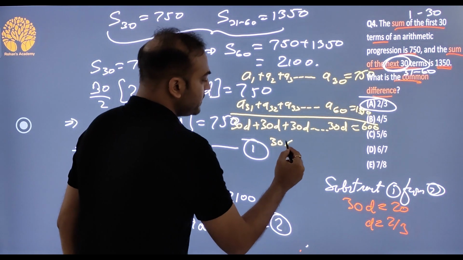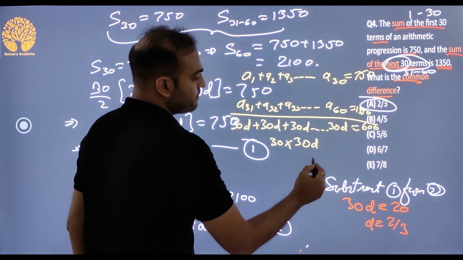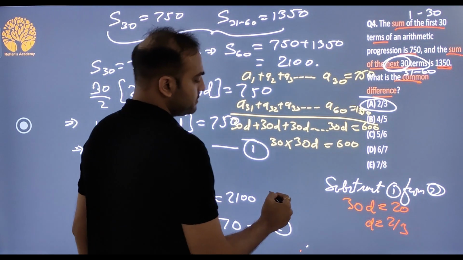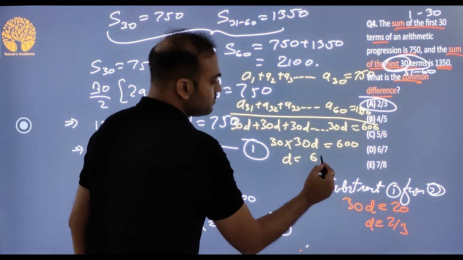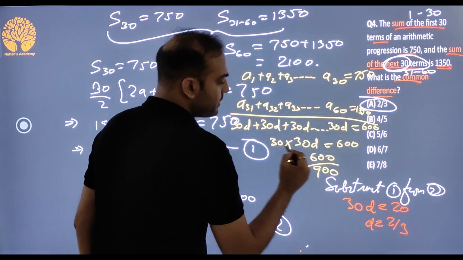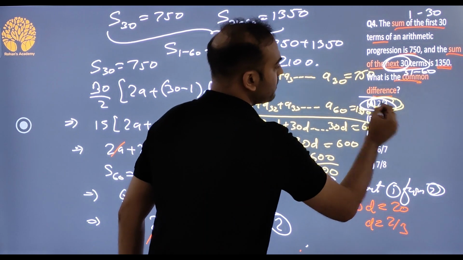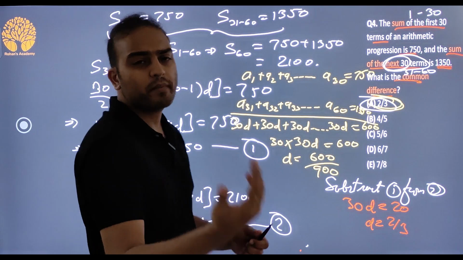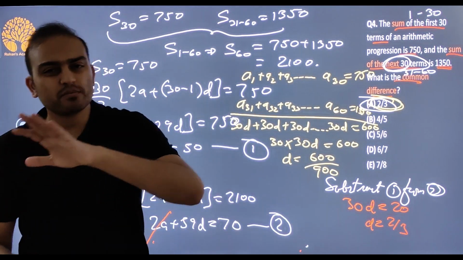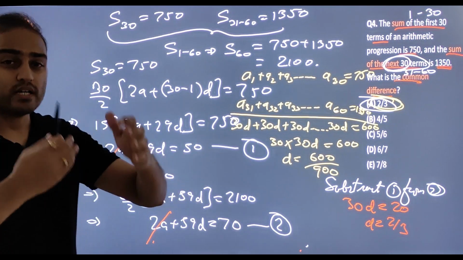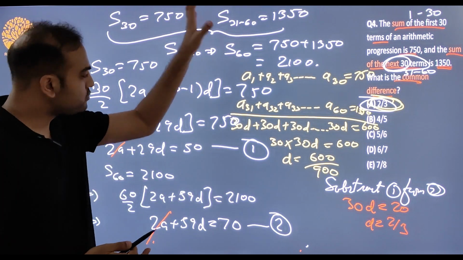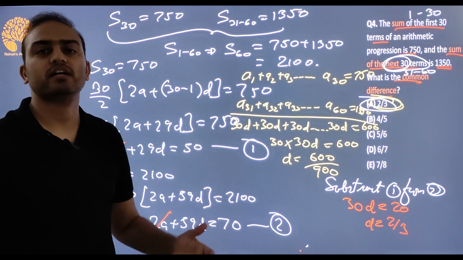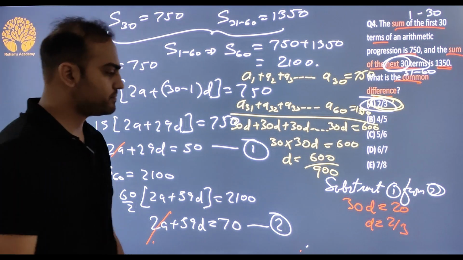So 30 times 30D is equal to 600. D is equal to 600 by 900, which is again 2 over 3. Remember, an arithmetic progression is a fixed progression. So if you understand how it works, you can solve the same question in a much faster manner, okay?